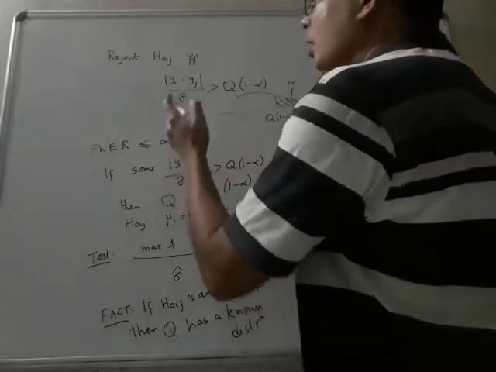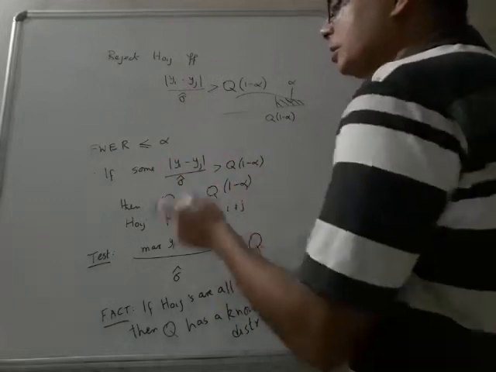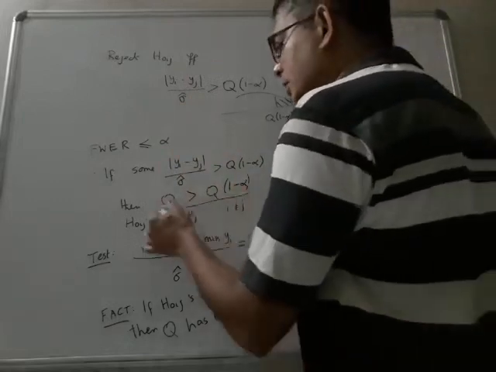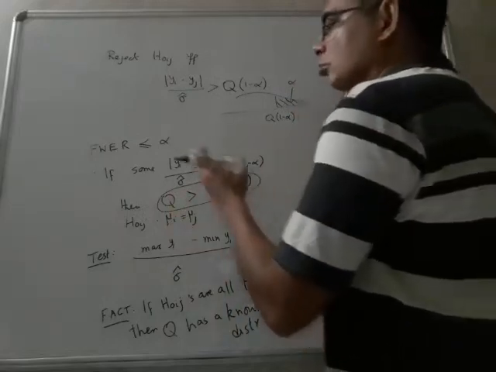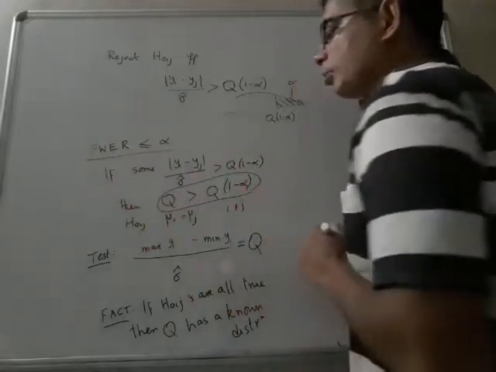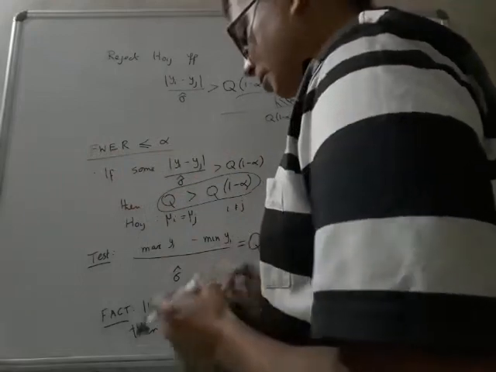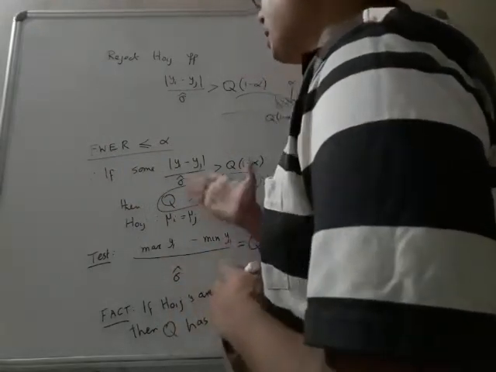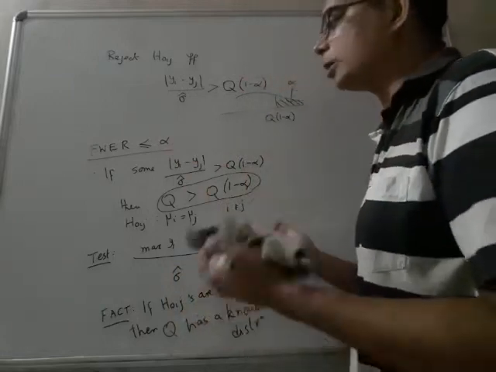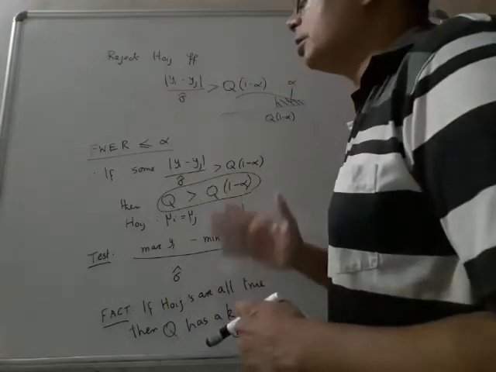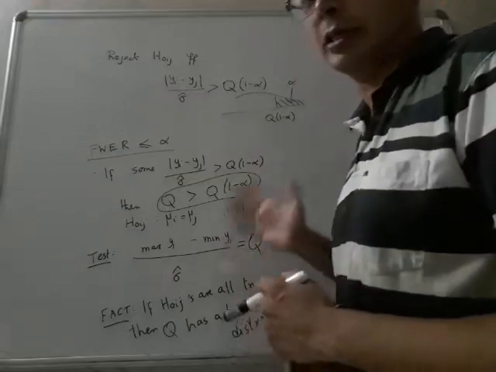So, at least one H naught ij being rejected is a subset of this event. And this event has probability alpha. So, the probability that at least one of the things gets rejected is less than or equal to alpha. And that shows that family-wise error rate is less than or equal to alpha. So that is one test.